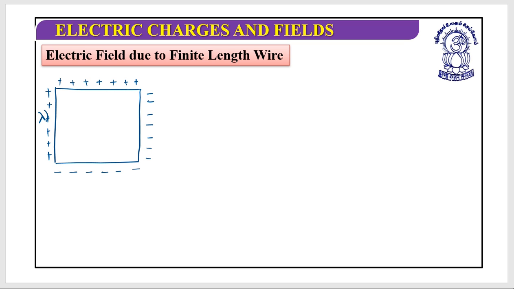The linear charge density is lambda. This is lambda, this is lambda, this is lambda. But these two are negative and these two are positive.